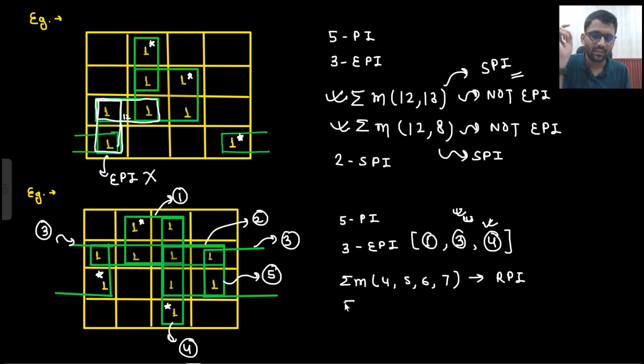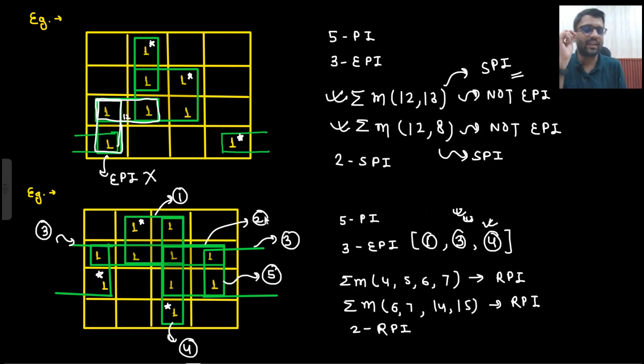That means this group as well, which is this group? These are also redundant prime implicants. So there are 2 redundant prime implicants, 3 essential prime implicants, and 5 total prime implicants.